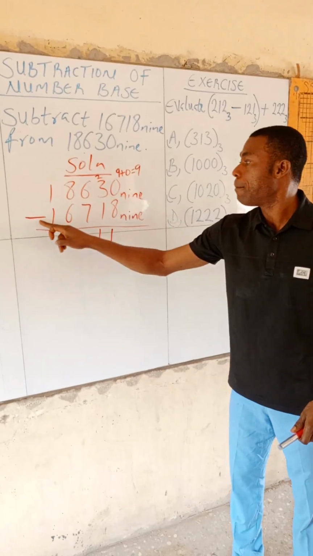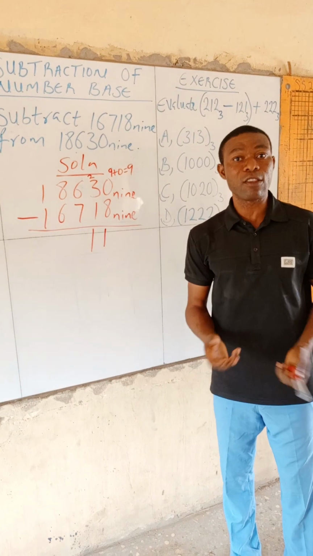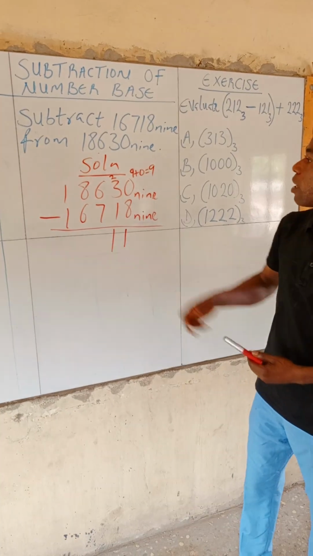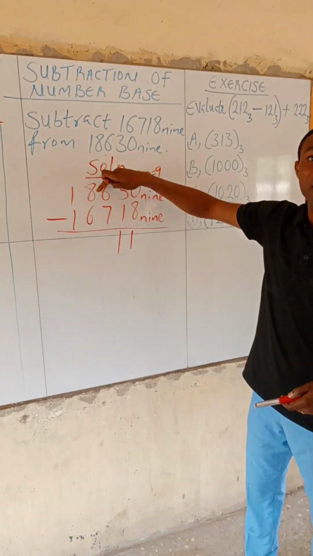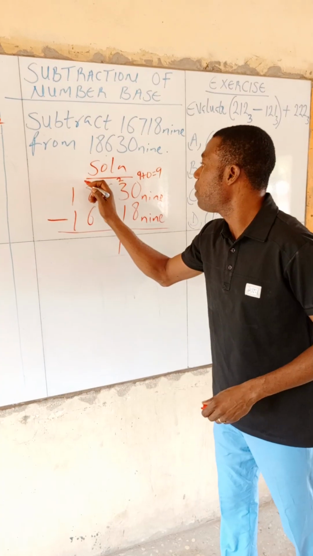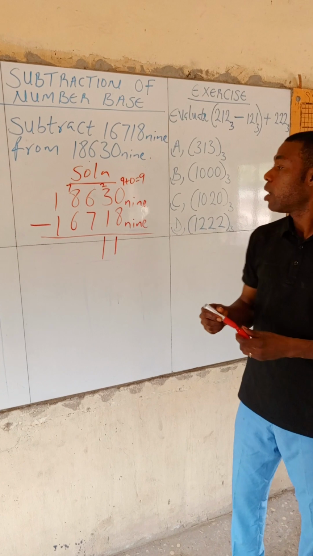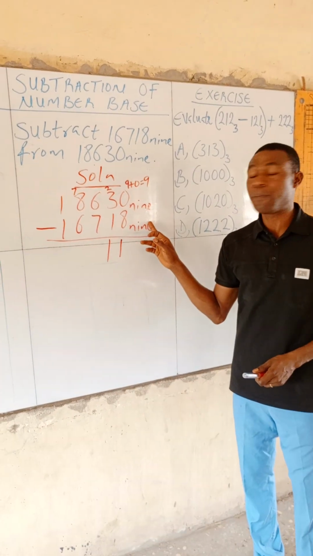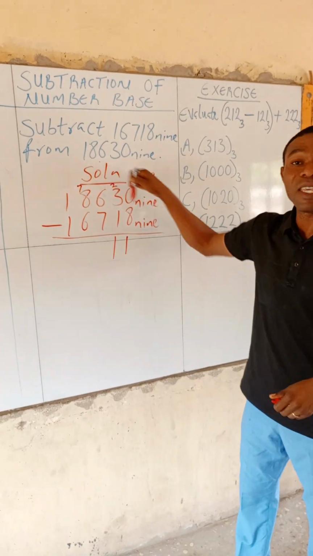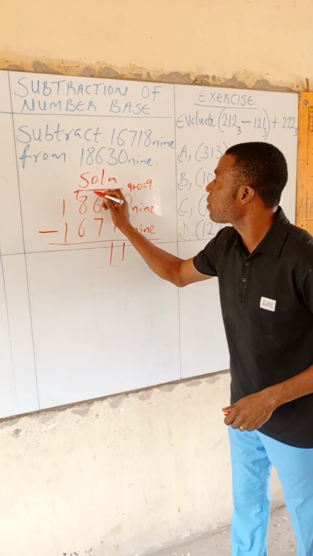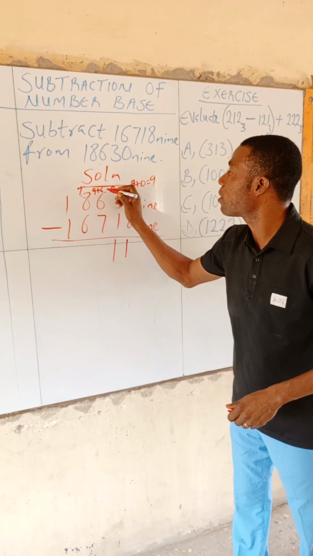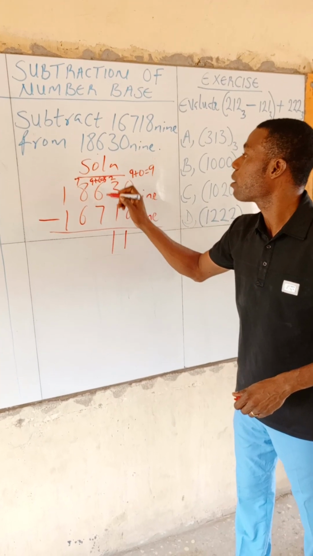Then 6 minus 7, which of course is not possible. What are we going to do here? We are going to borrow 1 from 8. Borrowing 1 from 8, we'll be left with 7 here. Then that one that we borrowed, remember that is equivalent to the base. So that one we borrowed is 9. So 9 plus 6 gives us 15.